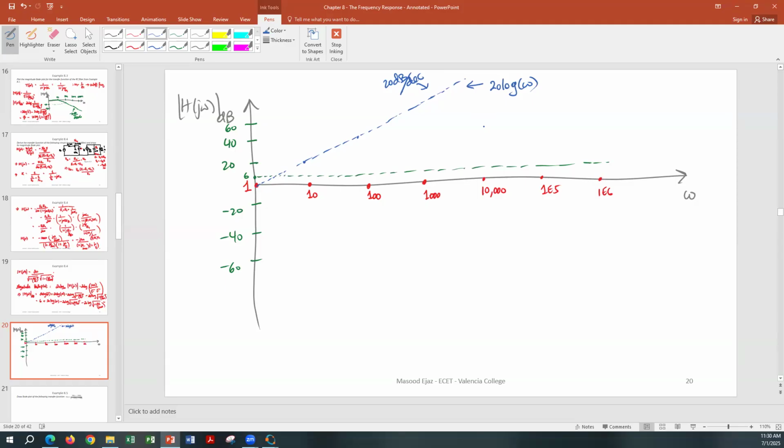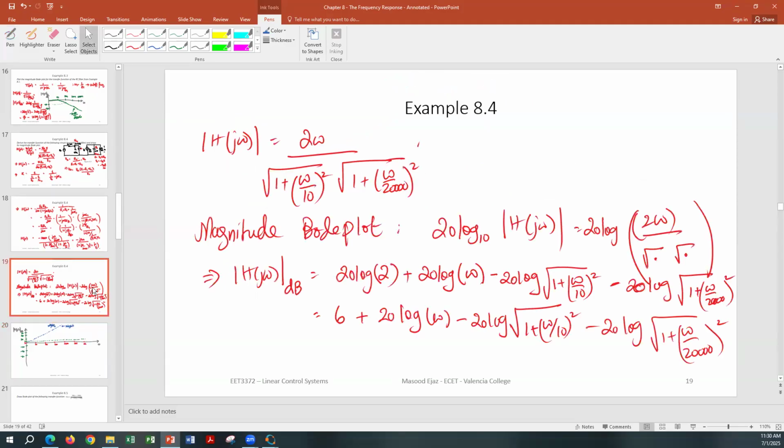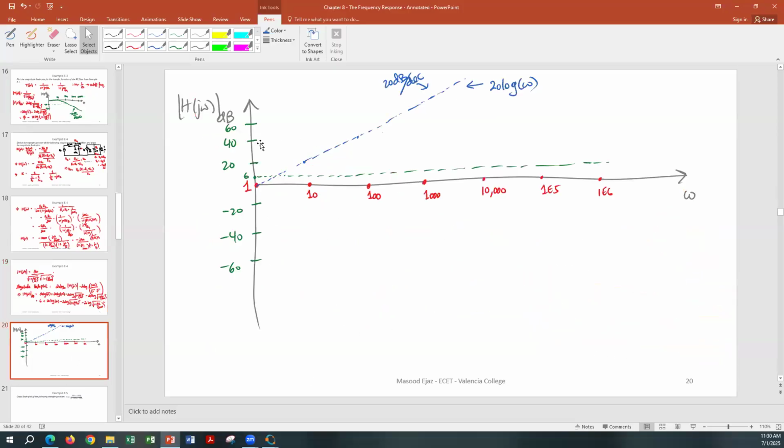The third one is flat up to 10 radian per second. It's going to be 0, and then it's going to drop by negative 20 decibel per decade. So let's say the third one is going to 10, and I'll use the gray line. It's going to drop by 20 decibel per decade.